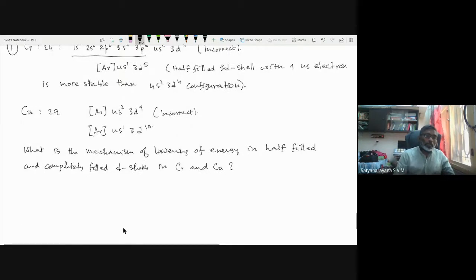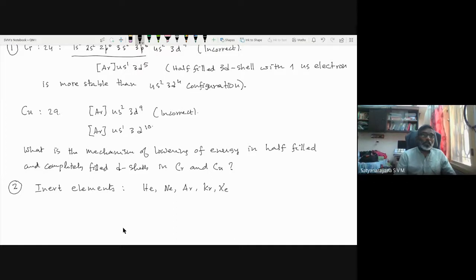The second question is more interesting. We have something called these inert elements. They are helium, neon, argon, krypton, xenon.